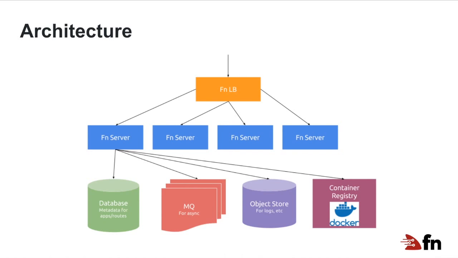There's an object store where we store logs and things to keep the database unused, and bigger things. Logs obviously can be a bigger storage item. And then a container registry. Any Docker registry can be used for that. Docker Hub is the default.